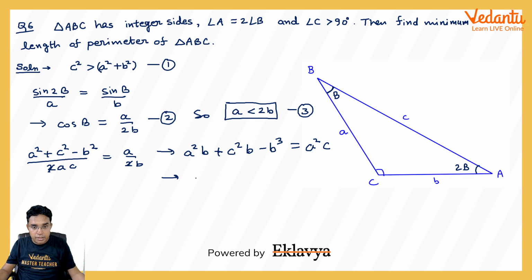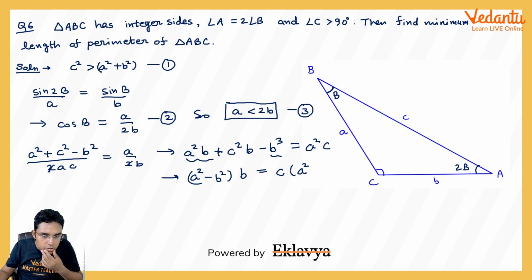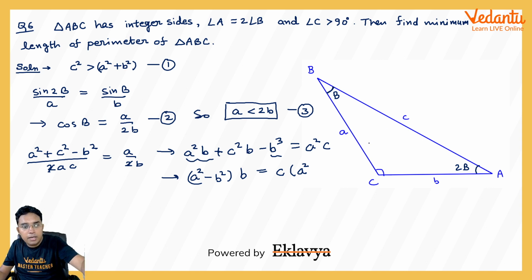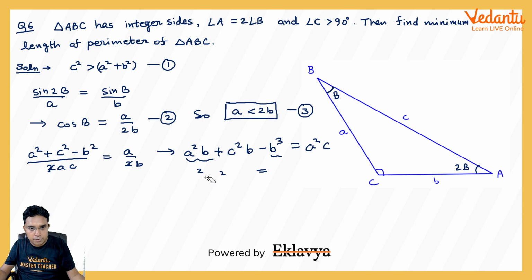Please check what they are. A square minus B square into B. If I take these two terms together, this is equal to, I can take C common here, and here it will be A square, not this way, let me just think. A square common, so B minus C, yeah, I think I should take A square common, not this thing.